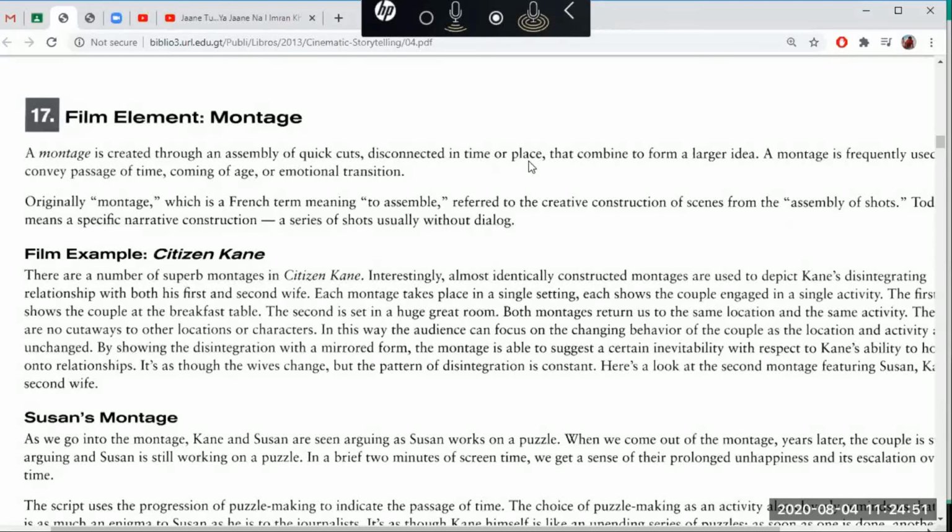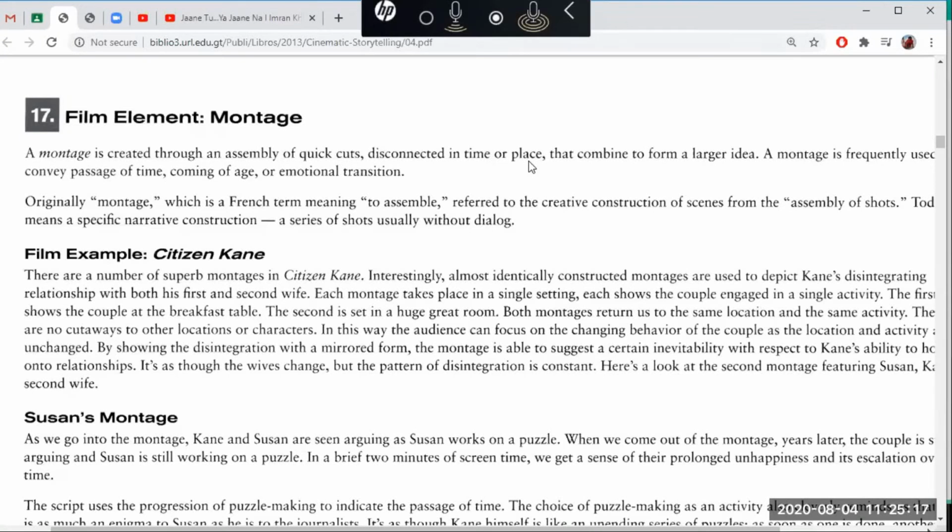So if you're showing it in one go in continuity, we are talking about rhythmic montage. But if we are showing images that are disconnected, for example, what happened when the two people were separated, and you are showing what happened to either of those two people or what happened in their surroundings, you are intercutting different images which are disconnected in time or place.